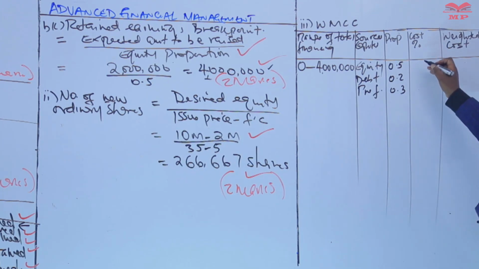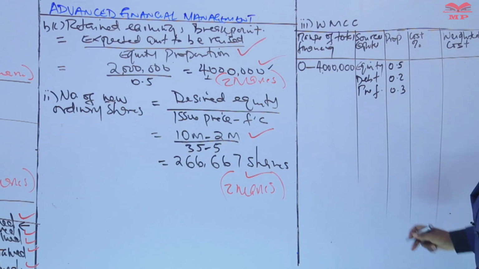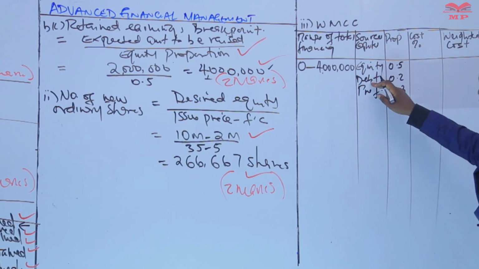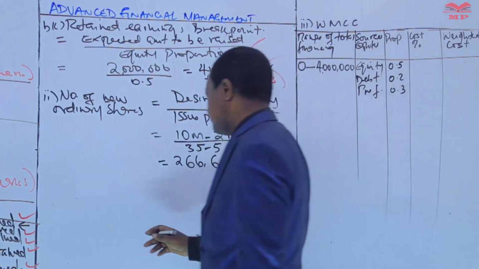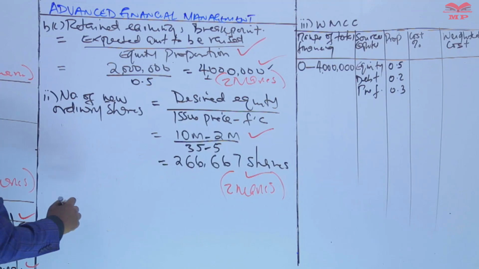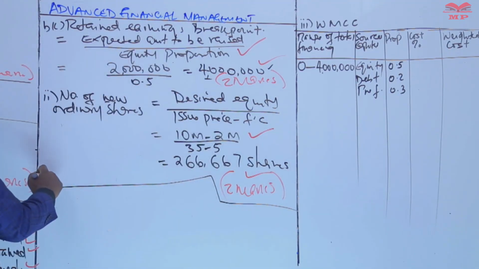So we are required to calculate the specific cost for these sources. So I'm going to have workings.